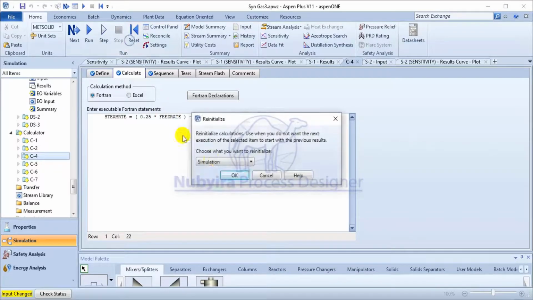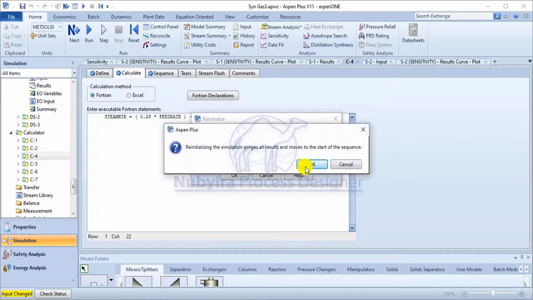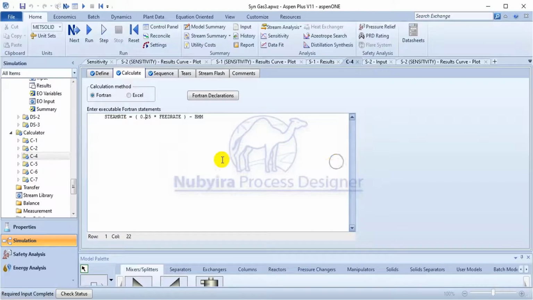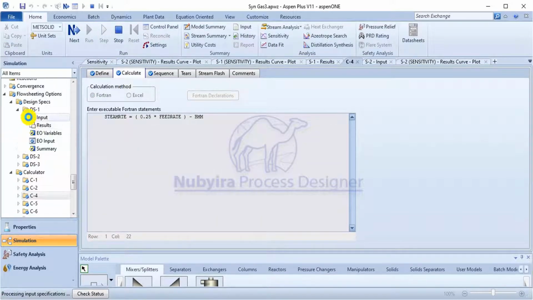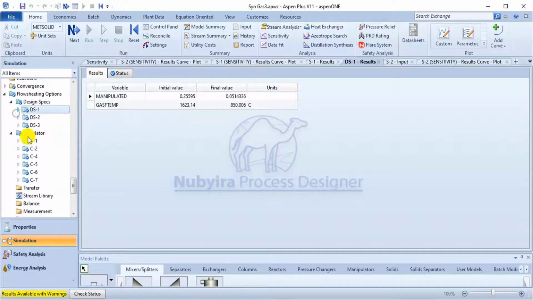So let me put okay, 0.25. Yeah, the sensitivity tech is on. Okay, result is available so we can check, not from the design spec, from the calculator now.